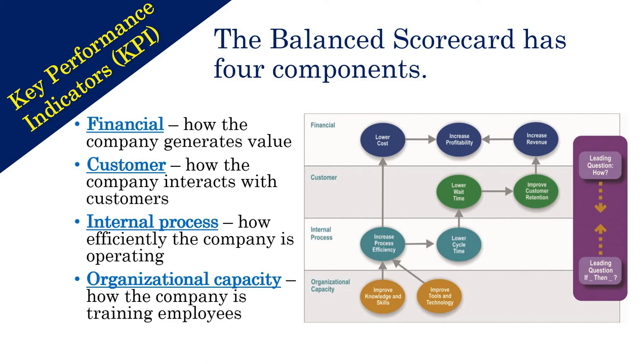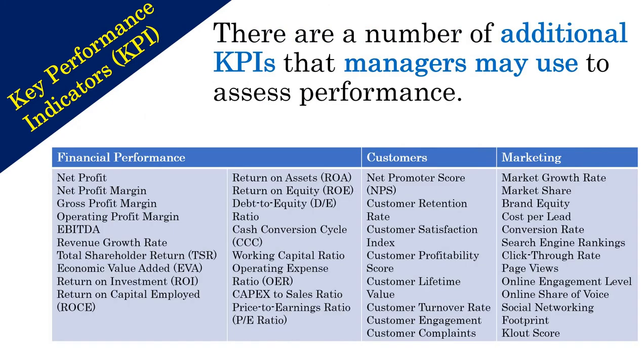Customer is how the company interacts with customers. Internal process is how efficiently the company is operating. Organizational capacity is how the company is training employees. You know that the top companies always care for their employees.